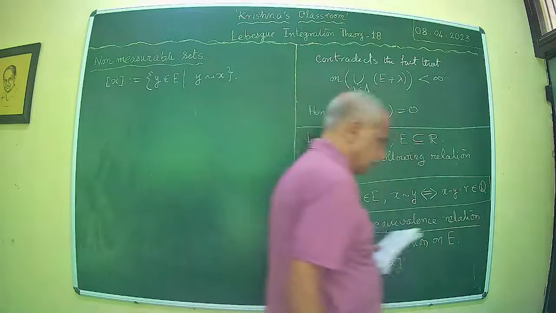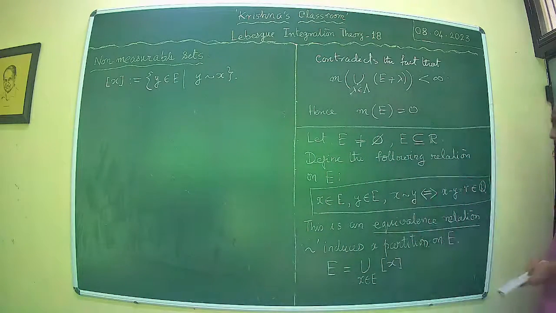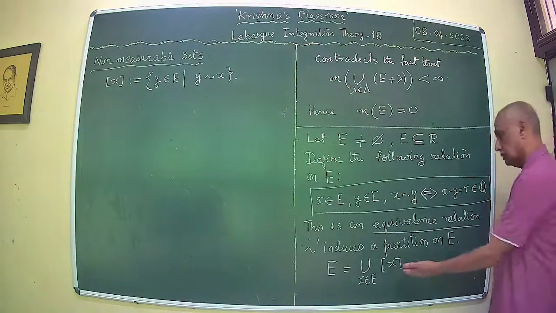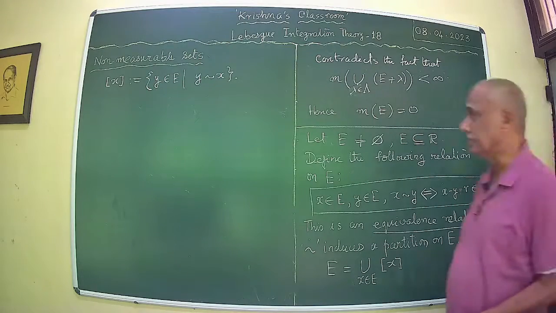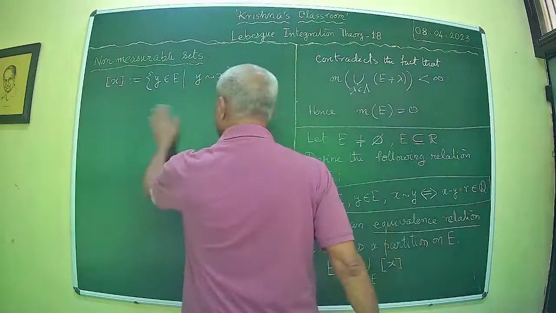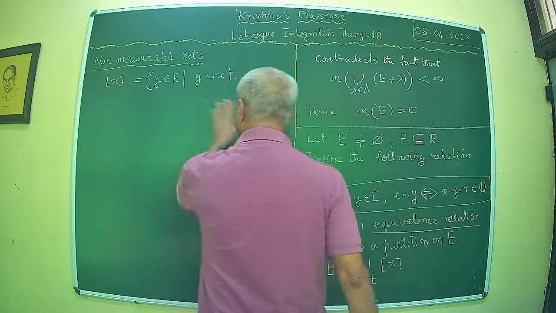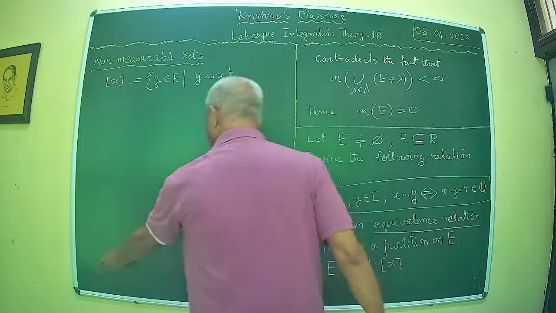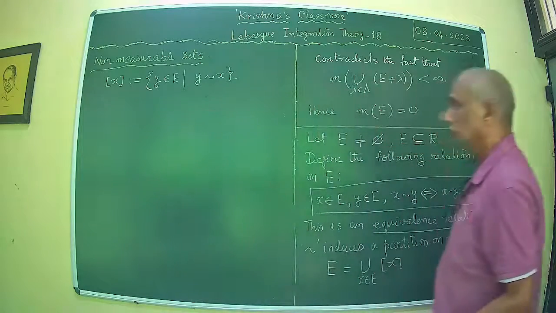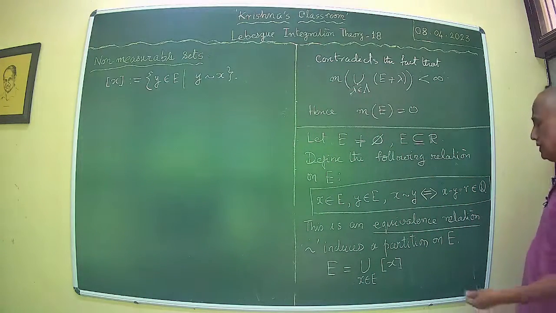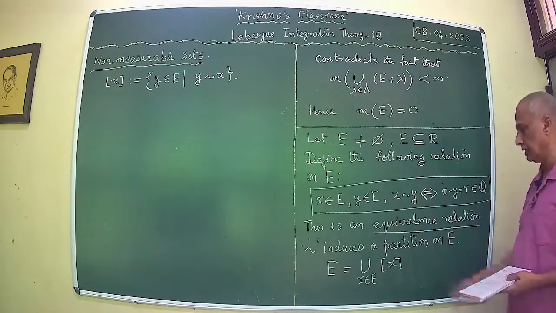So each block x consists of all those y which are related to x. Okay, so it's a union of this collection.